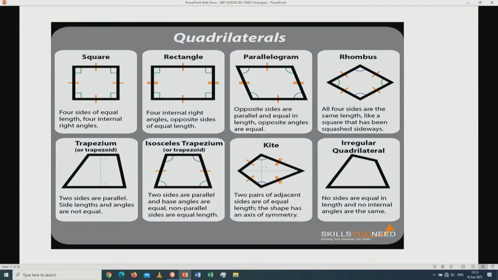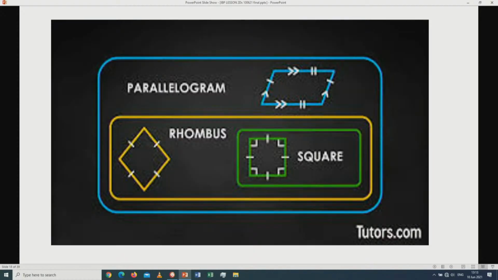Your kite, remember, two pairs of adjacent neighboring sides equal, and the diagonals give you a sense of symmetry. Opposite angles are equal, and the longer diagonal bisects the shorter one. Irregular, nothing is equal, like a scalene. Irregular quadrilateral, there's nothing you can say about it.